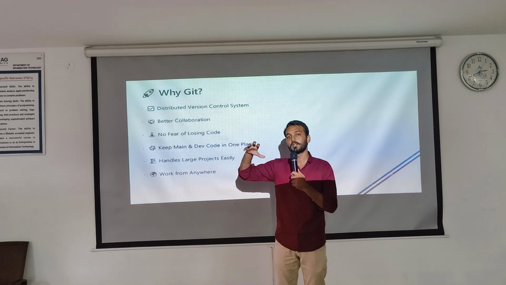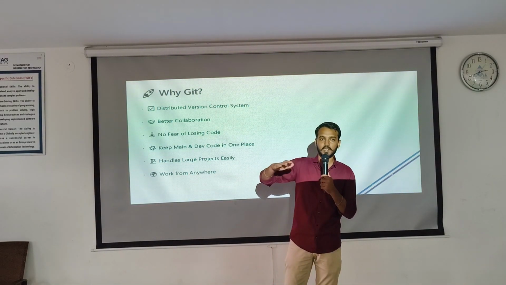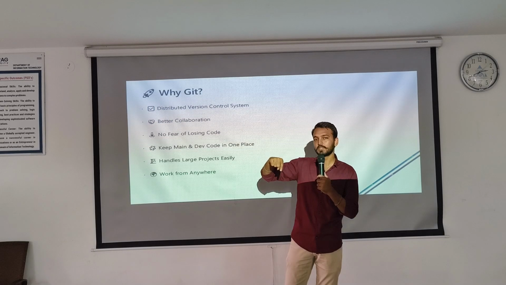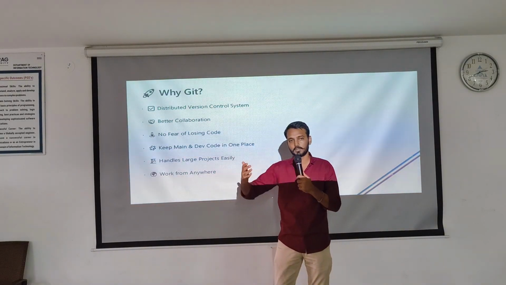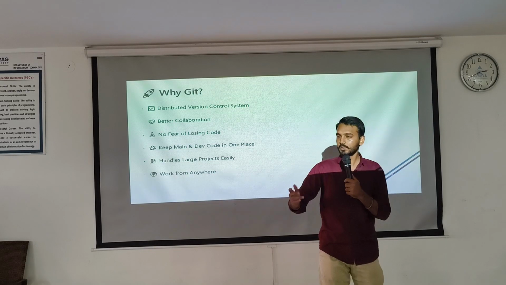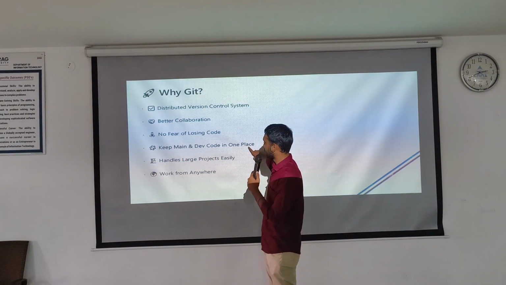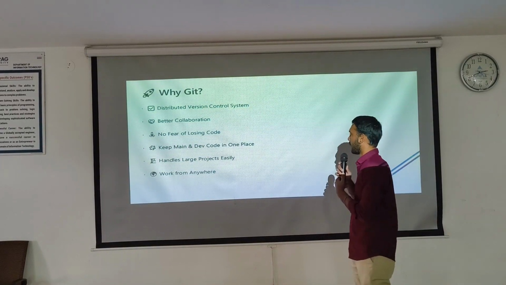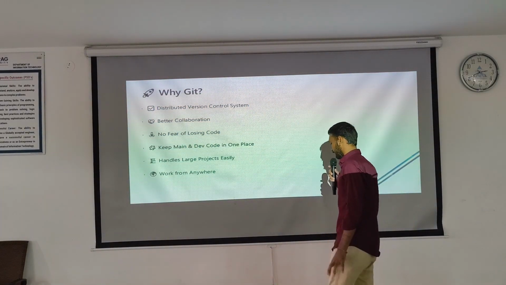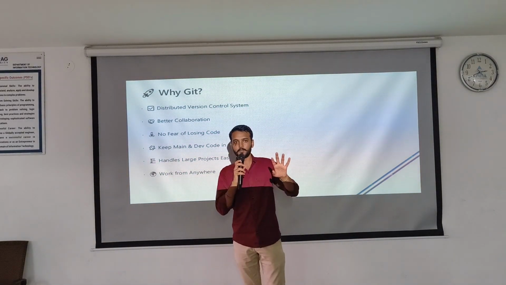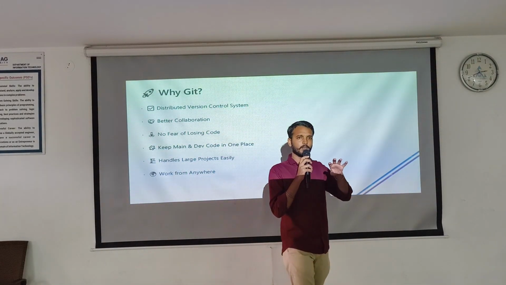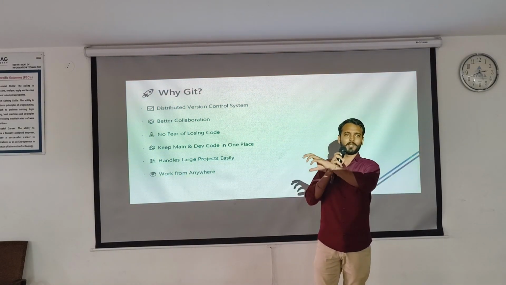You will keep the code which is ready to deploy in the main branch, and whatever you are working on next, which will come in the next version, will be in the test branch. That is how we can manage a large project easily. As I mentioned, 4 people are working on a single thing. 4 people will not be working on a single page, right?